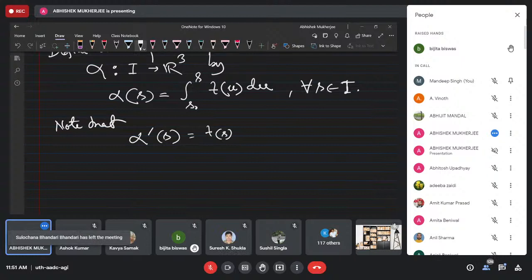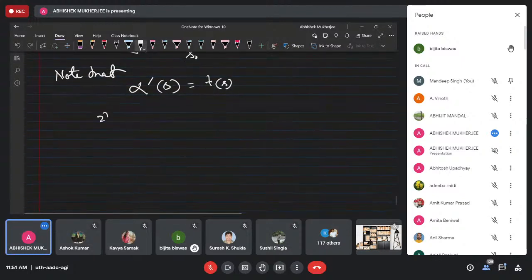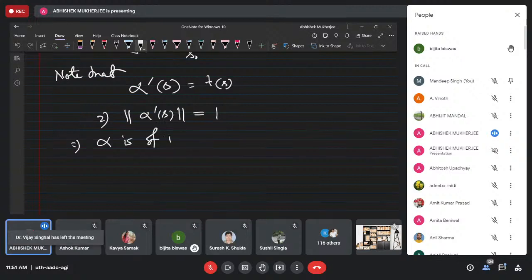And where T is a unit vector, which implies that norm of alpha dashed s is 1. And this means that your alpha is of unit speed.